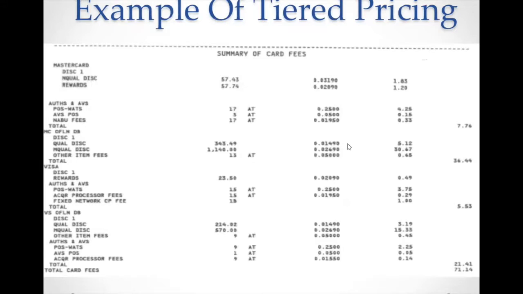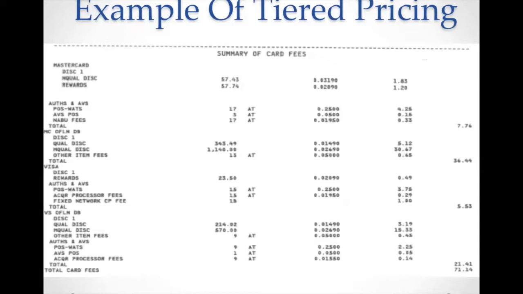So if someone ever says, well, my rate is 1.49%, that's most likely someone that is on tiered pricing, and they're only referencing their discount rate for qualified transactions. They're probably not even aware of a mid and a non-qualified rate, and that it has a different discount rate.